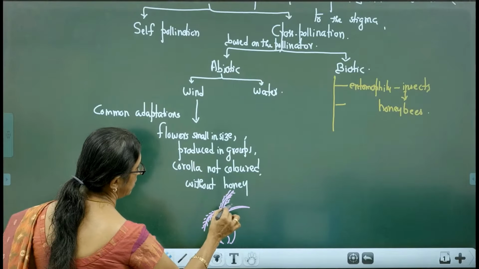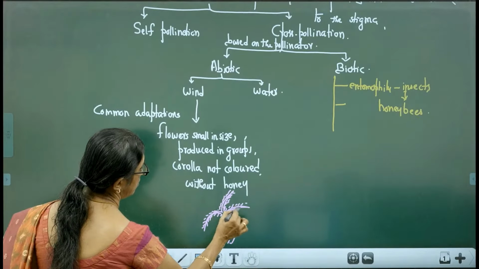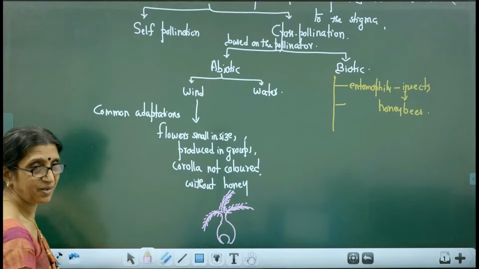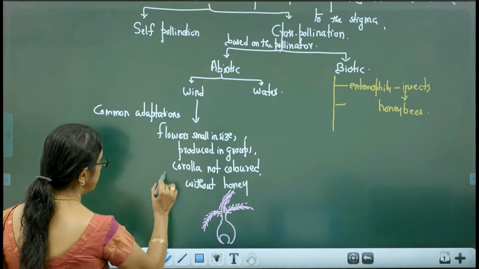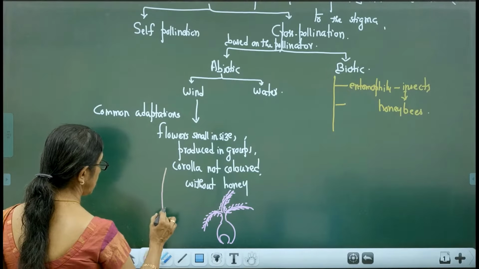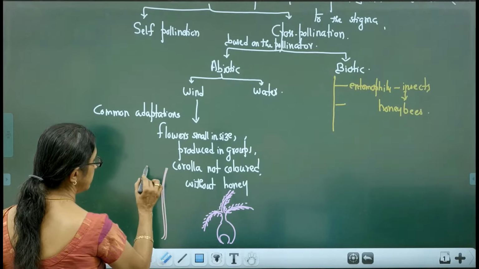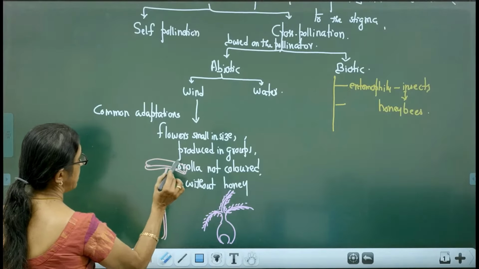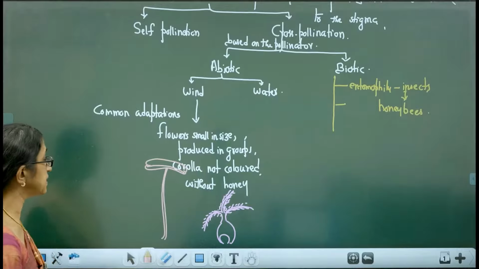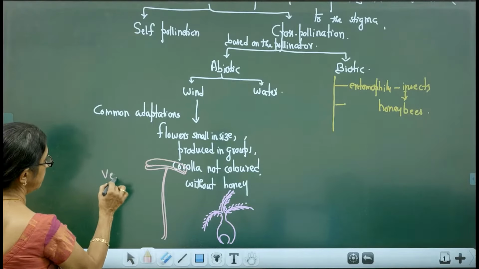Similarly, the stamens show long filaments, and the anthers are placed perpendicular to this. This type of stamens are called versatile.